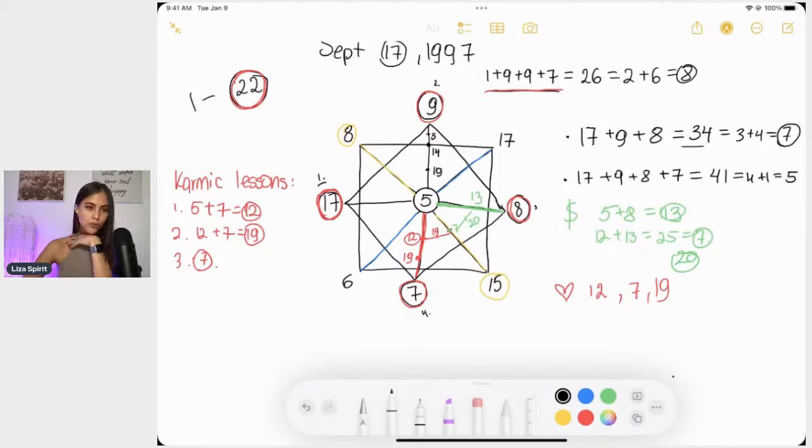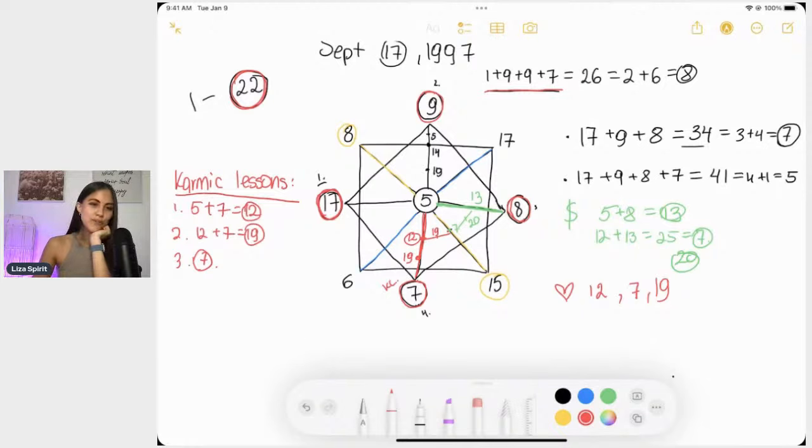Next one is 7. But 7 goes all together with 12 and 19. As I said, those 3 are your main karmic lessons. Those 3 energies will always be given to you in a negative way.